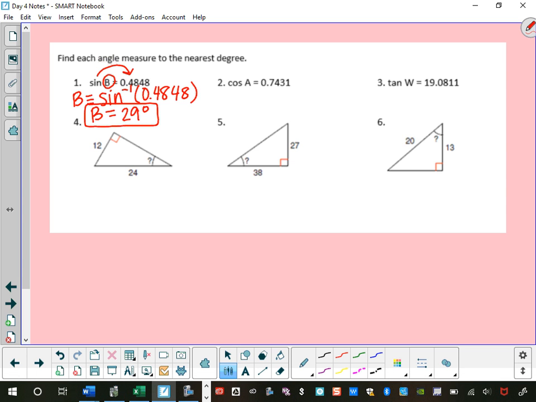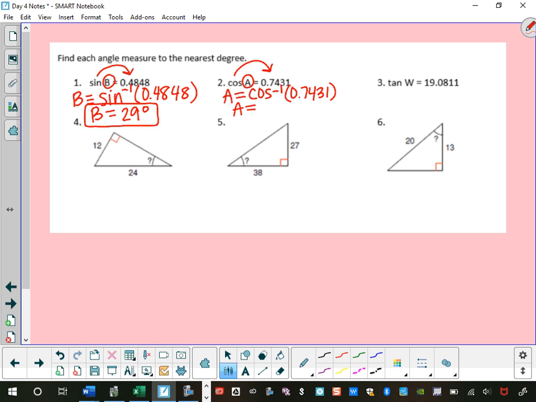All right, let's look at number 2. We have the cosine of A is equal to 0.7431. I am looking for angle A. That's what I want by itself. So this trig function needs to go to the other side. So I'm going to have A equals the inverse cosine, cosine of -1, times 0.7431.